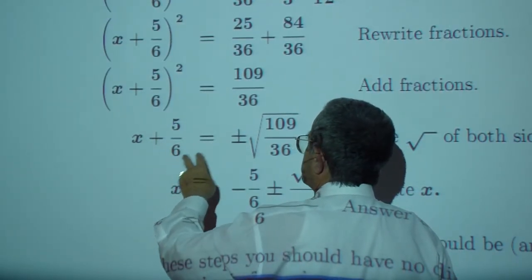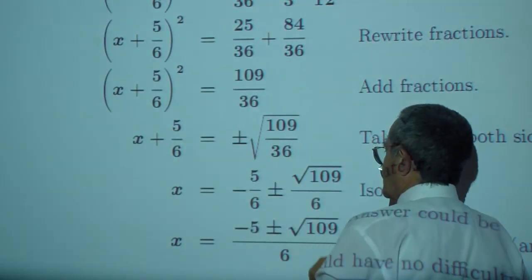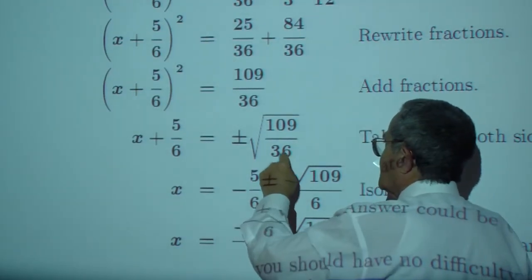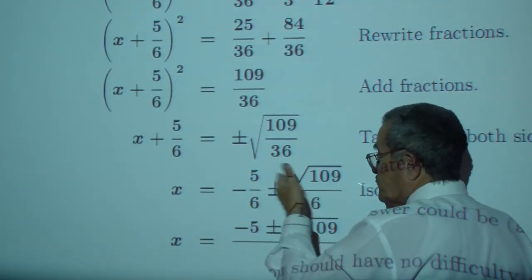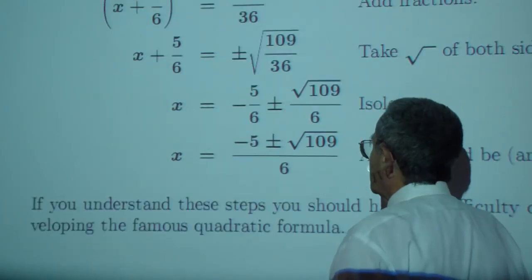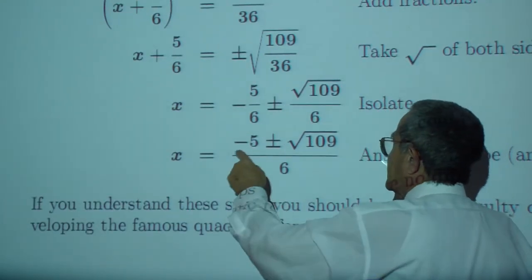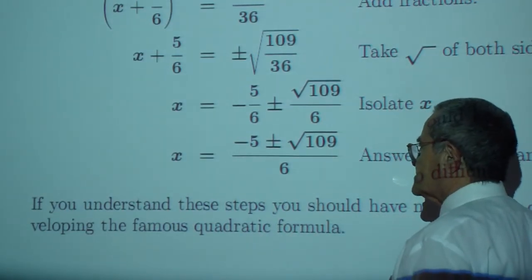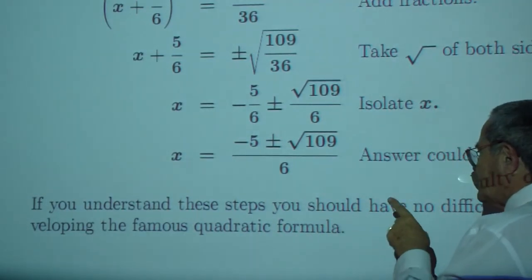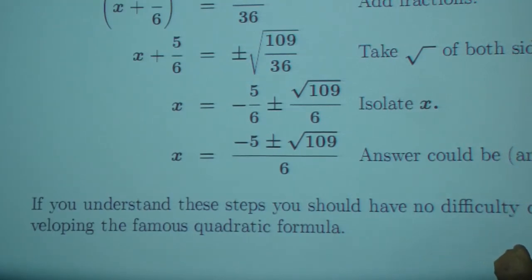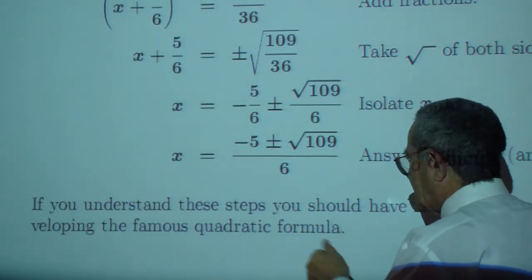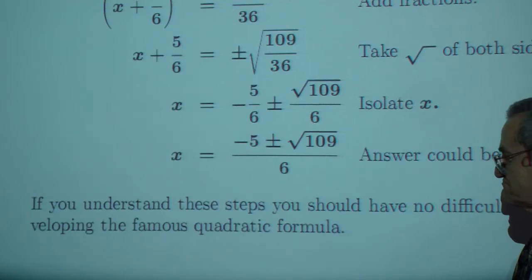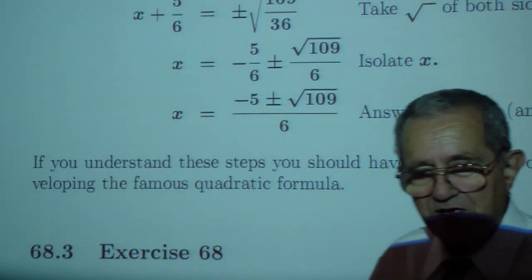X plus 5 over 6, plus or minus the square root of 109 over 36. 36 comes out as 6, 109 stays 109. So same denominator, negative 5 plus or minus square root of 109 over 6. If you understand these steps, you should have no difficulty developing the famous quadratic formula. Okay.